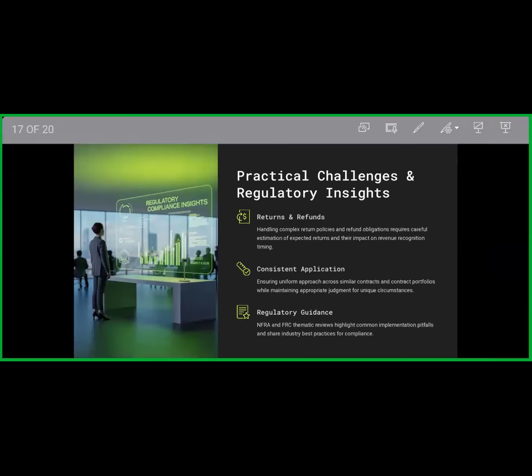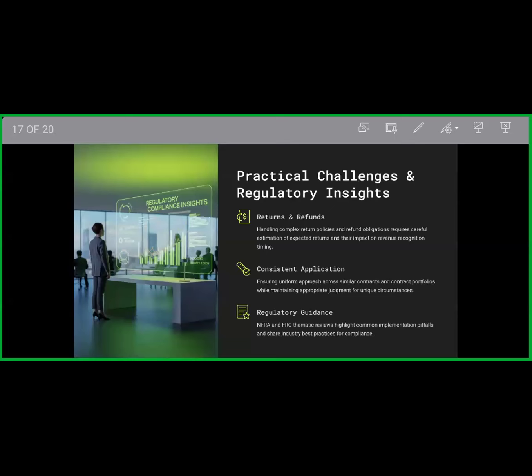So, the practical challenges and regulatory insights while implementing AS 115. What are those challenges? That is returns and refunds. Whenever the company gets revenue for the services and goods it provides, sometimes the goods are returned by the customers because of some defaults or other difficulties in the goods.